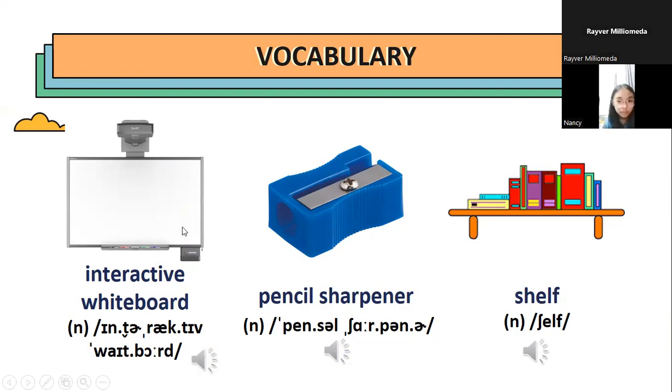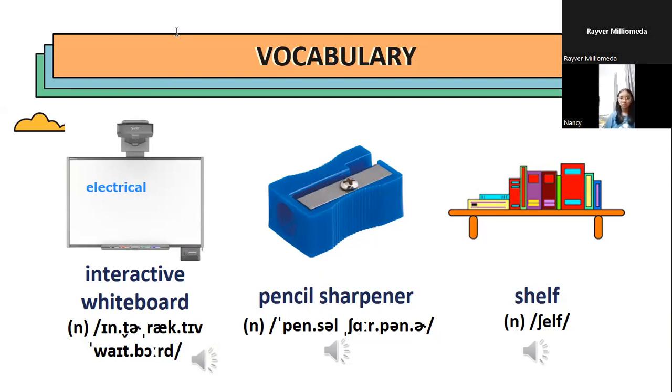Yes. Okay. So there's this thing called a whiteboard, and this is an interactive whiteboard, meaning it is electrical. So we can use this electrical whiteboard.